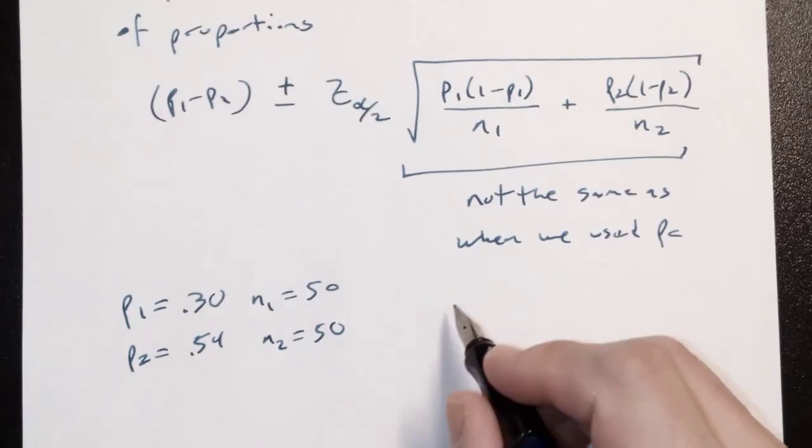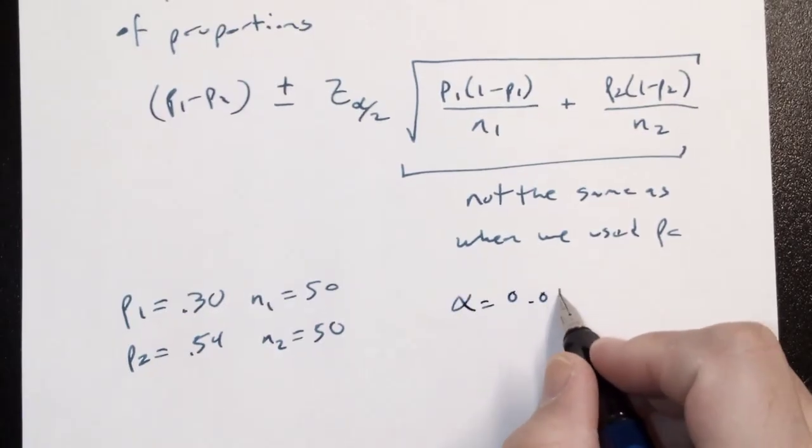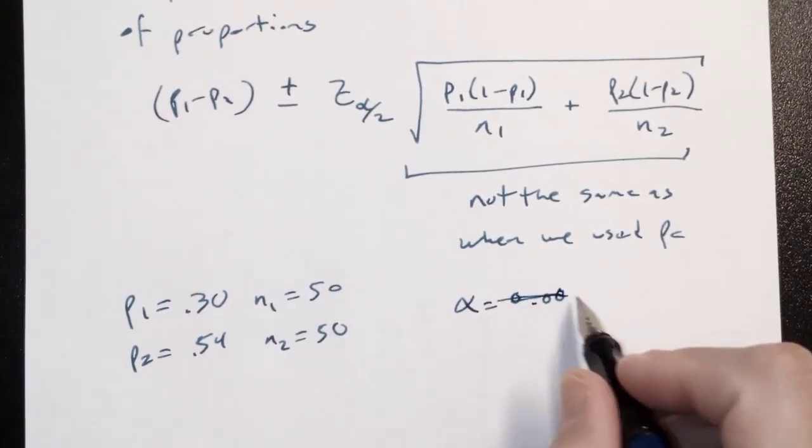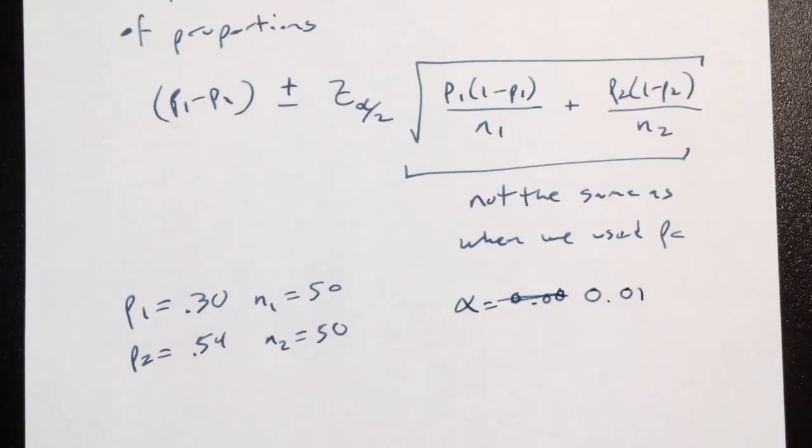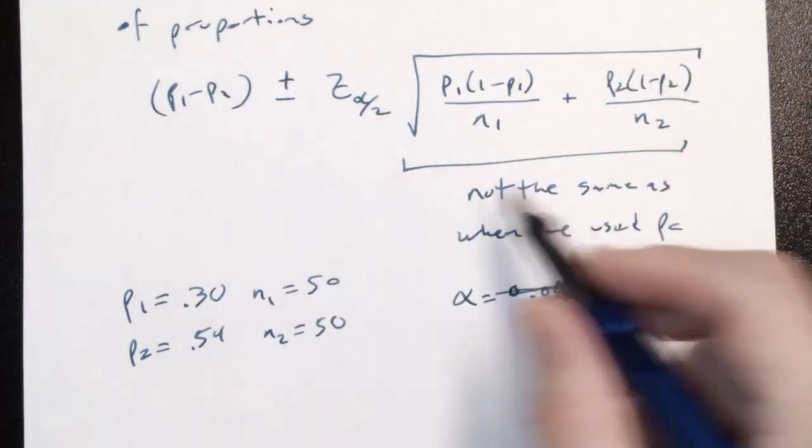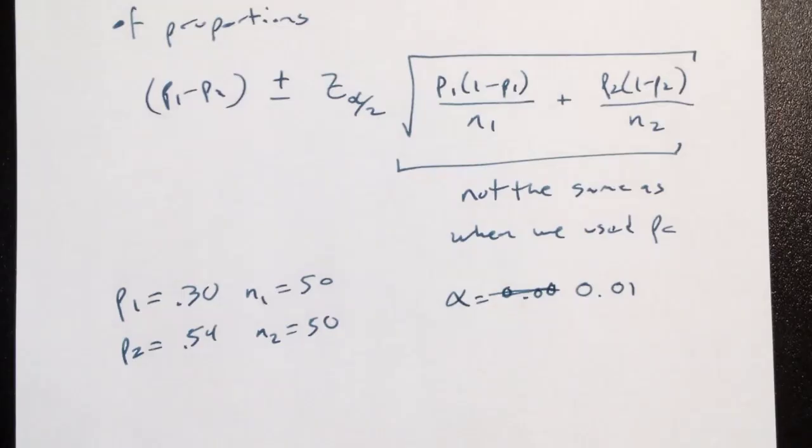And they told me alpha was 0.01. With me so far? I want this. Advantage.